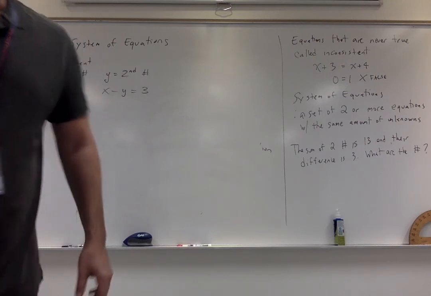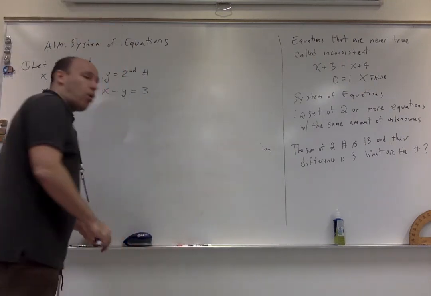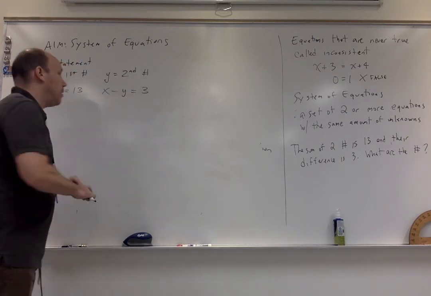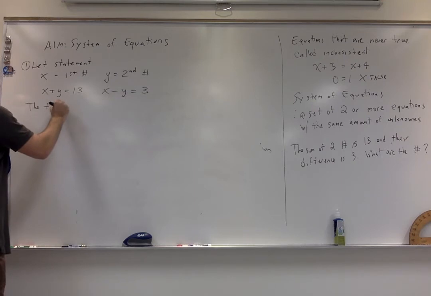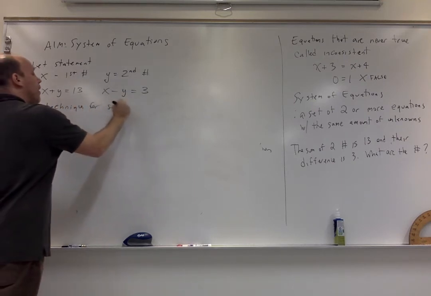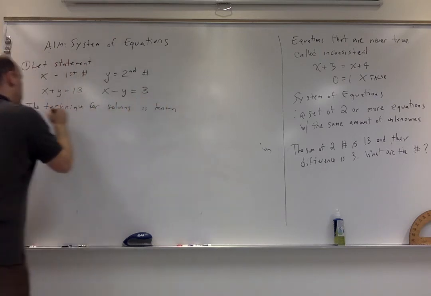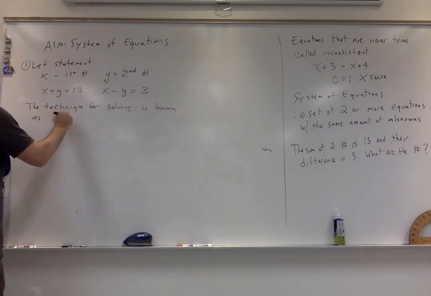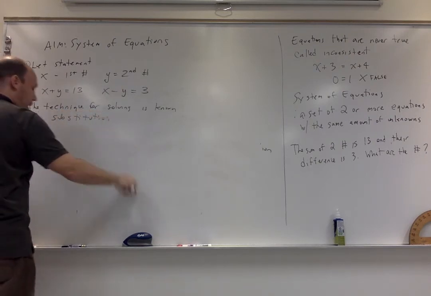Now, the next thing is we want to know how to solve it. Today, we're going to be using something called substitution. So the technique for solving is known as substitution.